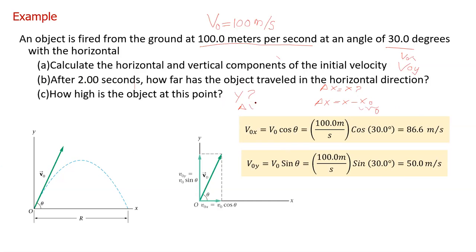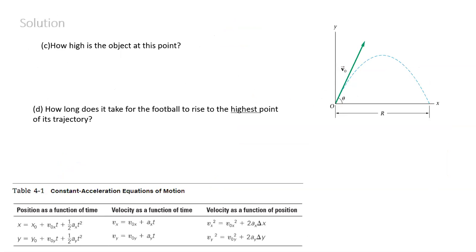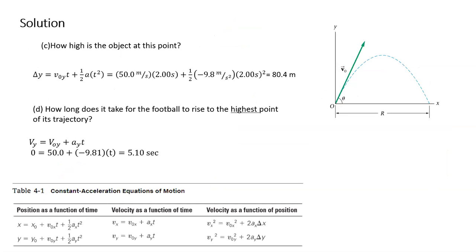Delta y is y minus y naught, and y naught is 0. After 2 seconds you need to figure out x and y position. That gives you the answers for B and C. This example covers everything you should know about this general projectile type motion.